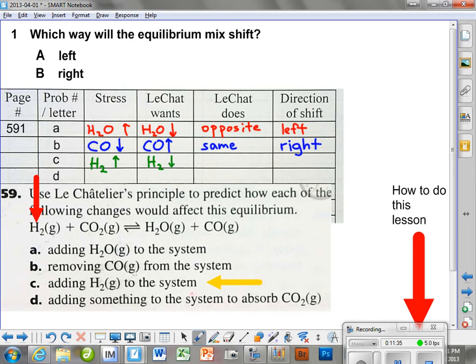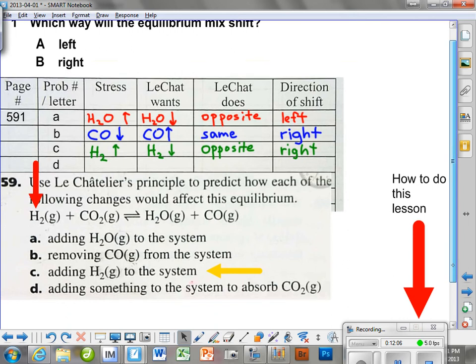And again, for reduce, we have to go opposite. Now, opposite for this problem is in relationship to where hydrogen is. And as we see, hydrogen here is on the left side. So opposite of left is right, and that is the shift that will show us what Le Chat is going to do when we stress it by adding more hydrogen.